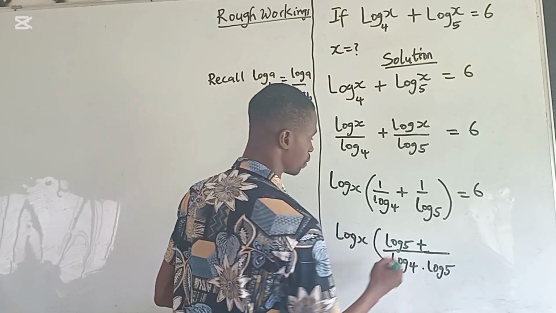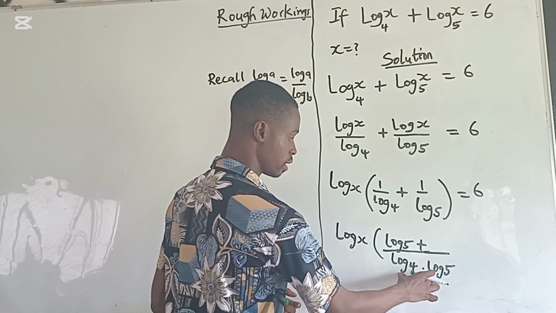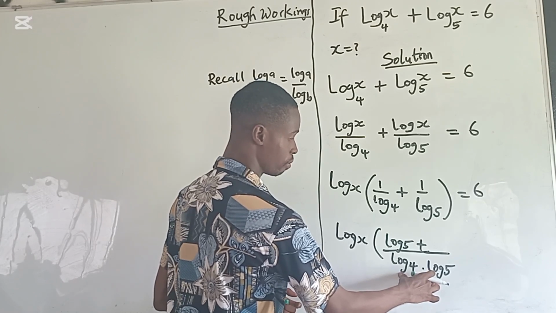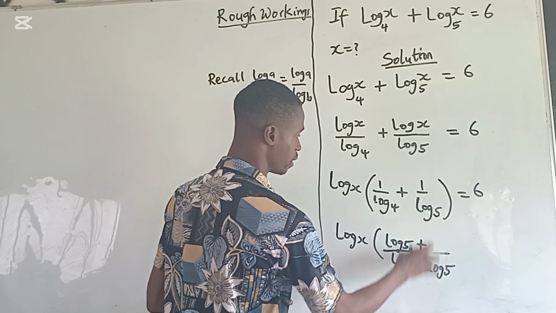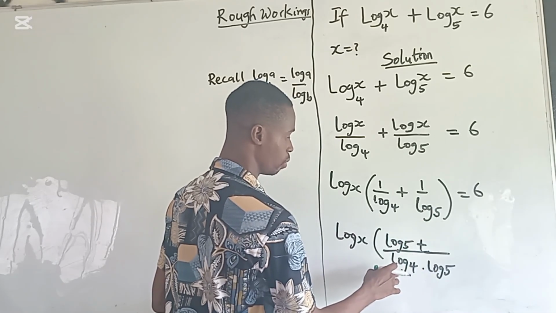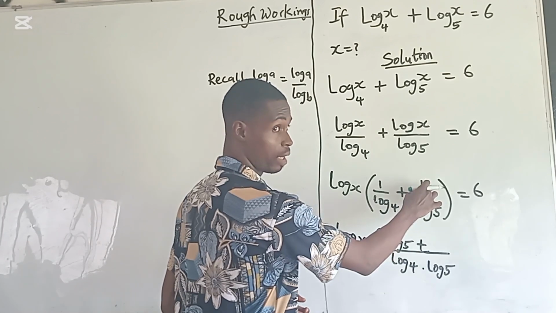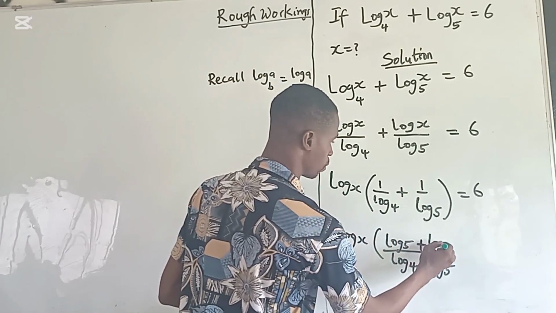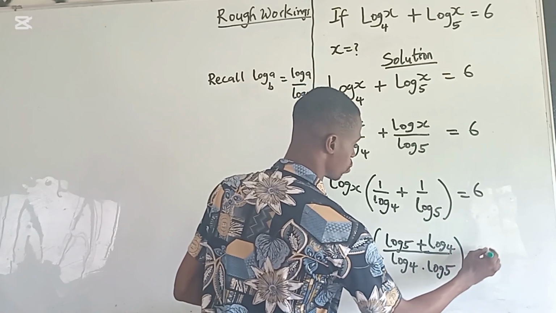So you have plus. We are also going to use this same LCM to divide this also. If we use it to divide this, we will be left with log 4. So log 4 multiplied by 1, we have log 4, which is equal to 6.